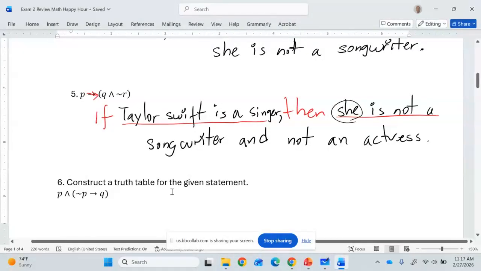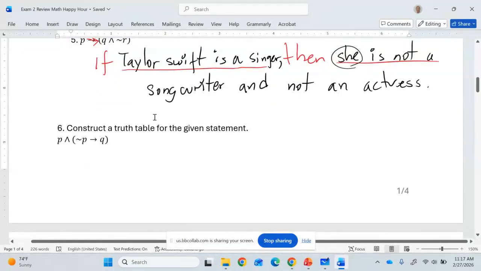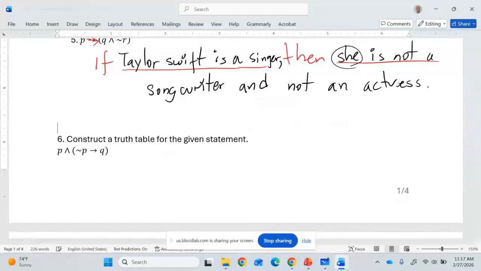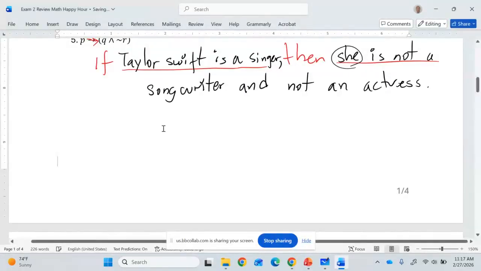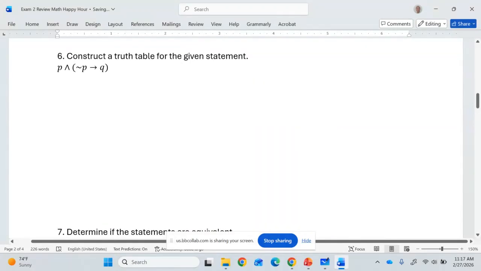Okay, so moving on to the next one. It says number 6. So now I'm finished with the whole translating statements into English and symbolic form. So now I'm going to do the construct a truth table for the given statement. And for this part, I always start by looking at how many variables I have.